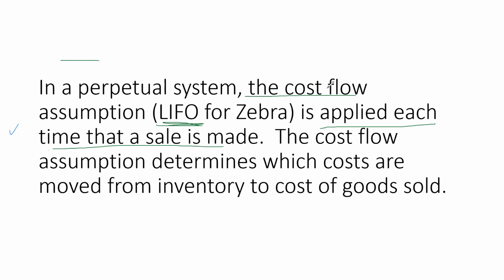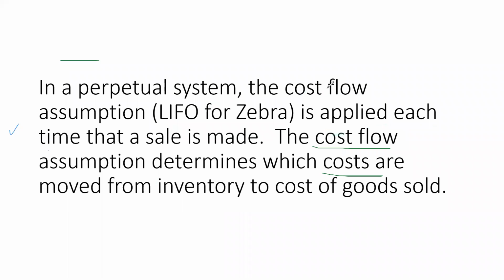So if they make a new sale once a week, we apply LIFO. If they make a new sale every day, we apply LIFO. It's applied when they make the new sale. And since you're applying LIFO, the cost flow assumption determines in perpetual which costs are moved from inventory to cost of goods sold. And they do that right at that moment, right at that time.